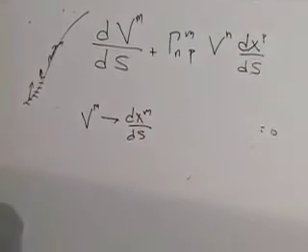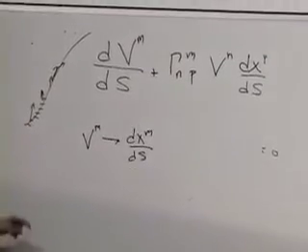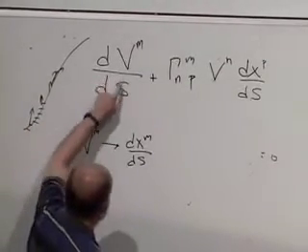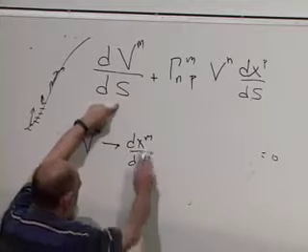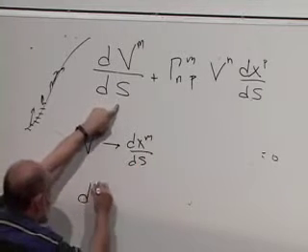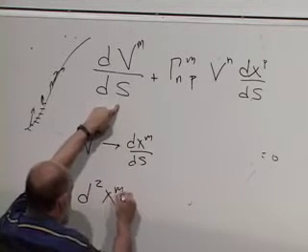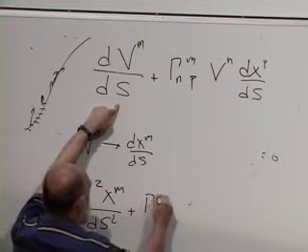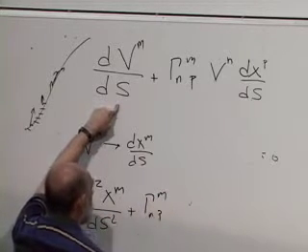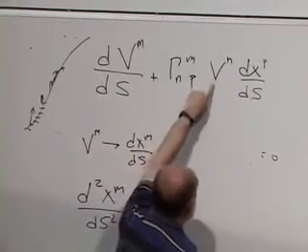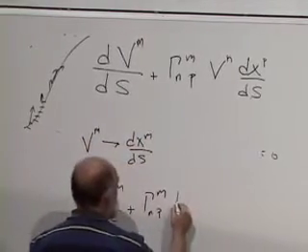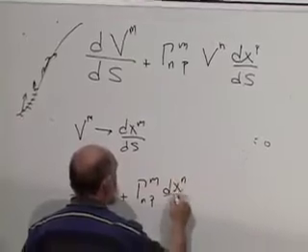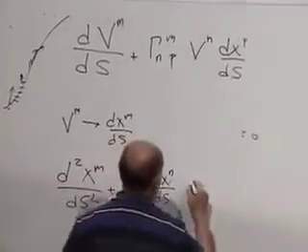In other words, we're going to replace V by the tangent vector itself, and then the derivative of the tangent vector with respect to s becomes a second derivative, d second x m by ds squared, plus gamma mnp. Now V is the tangent vector, so that's dx n by ds, and then dx p by ds.